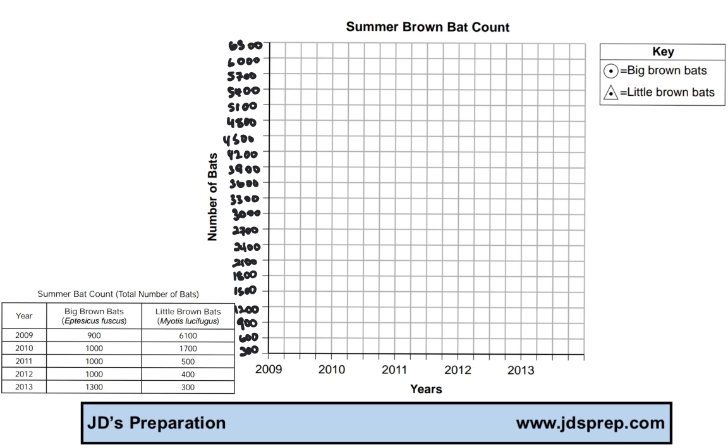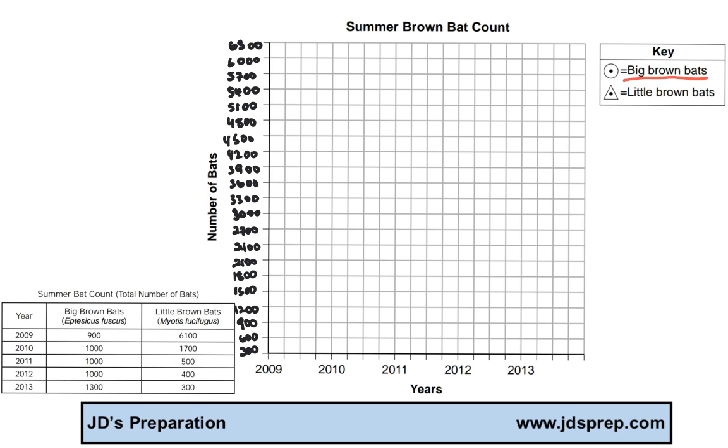Now that we have our axes labeled for number of bats in even 300 increments, let's start plotting the data for big brown bats, which, as you can see from this side key, we're going to use circles for big brown bats. But first, let's plot the points.